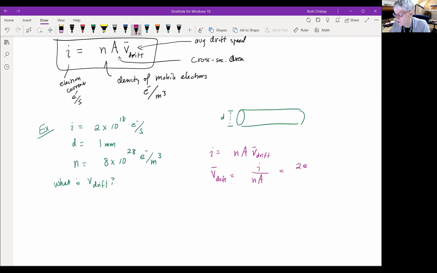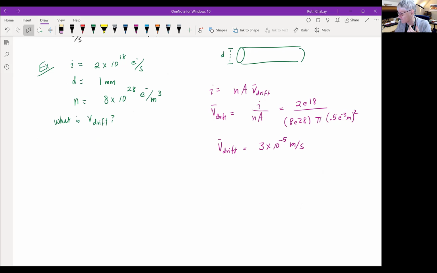So that's 2 times 10 to the 18th divided by 8 times 10 to the 28th times pi times a half a millimeter squared. And we get a drift speed of about 3 times 10 to the negative 5th meters per second. That's pretty slow.